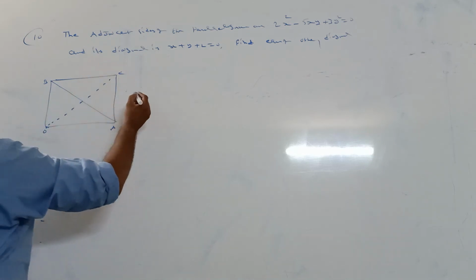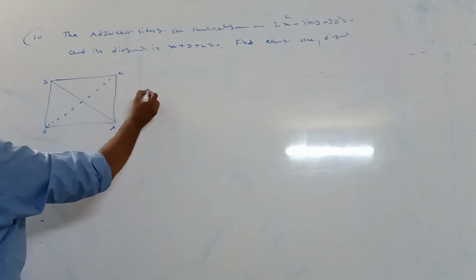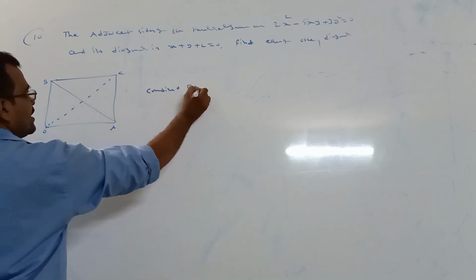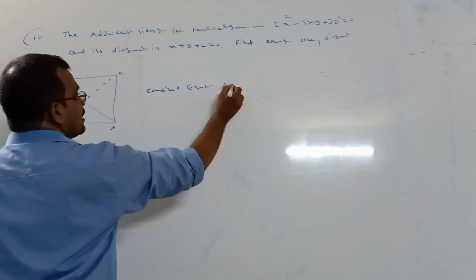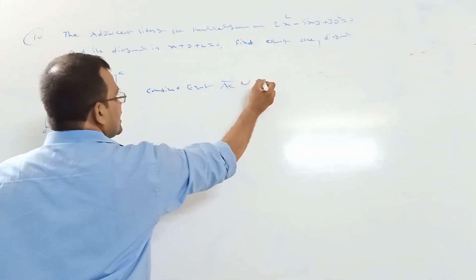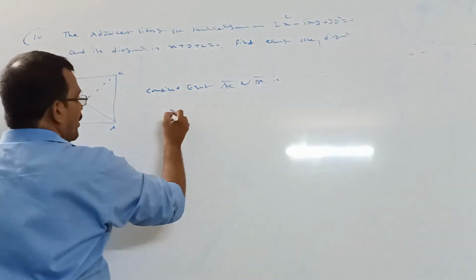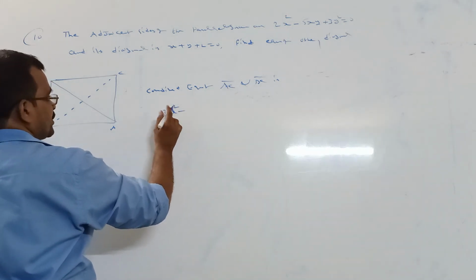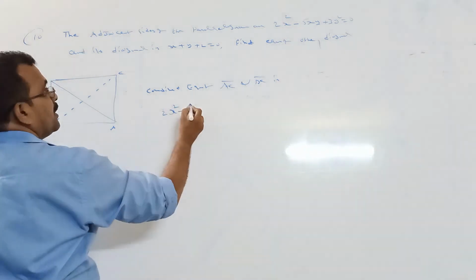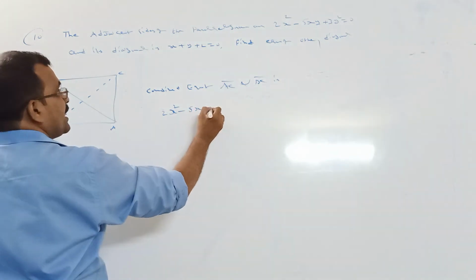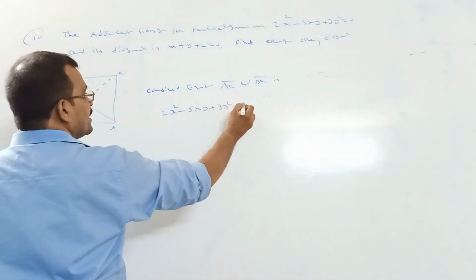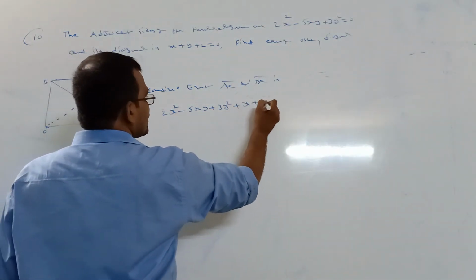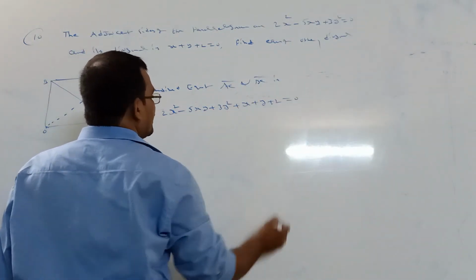The combined equation of AC and BC is obviously the homogeneous part, 2x² − 5xy + 3y², together with this diagonal equation x + y + 2 = 0.